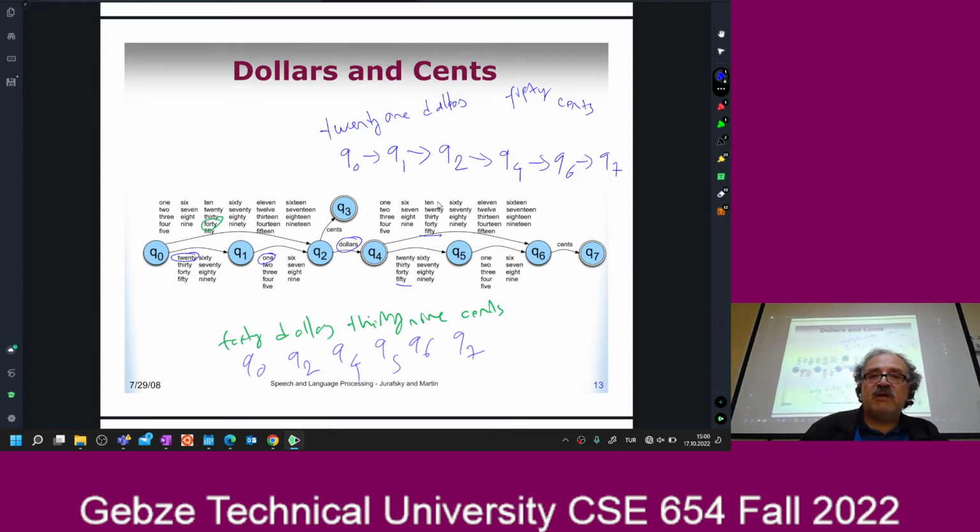I am not talking about disambiguation. I cannot tell you which morphological analysis of a given word is the correct one. I am going to give you all the different morphological analyses of a given word using finite state machines.